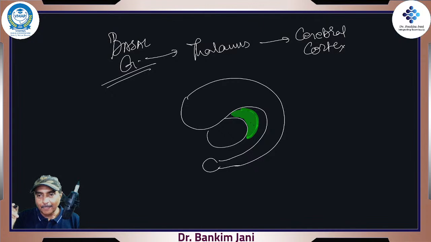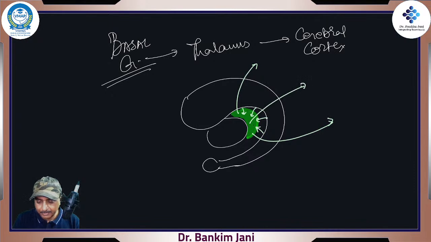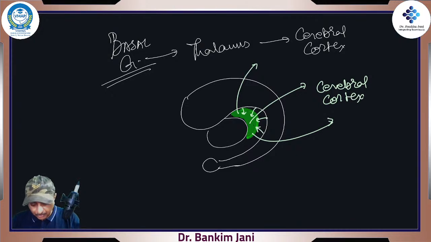So from the basal ganglia, it is given to thalamus, and then thalamus is sending it out to cerebral cortex, right? So this is how it really goes.